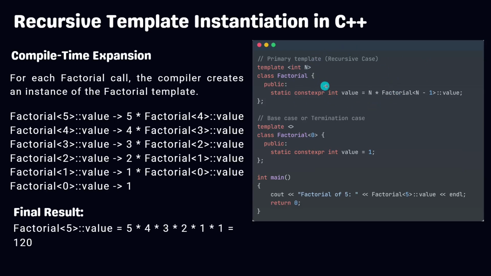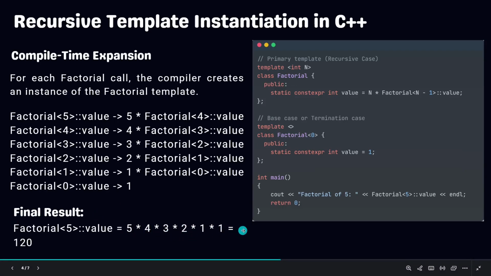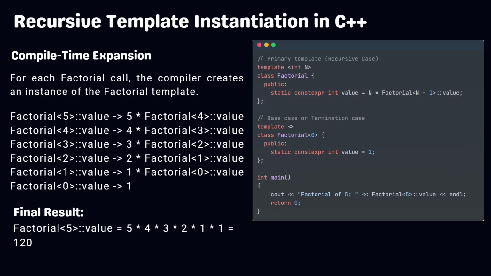Whenever it calls itself, the compiler creates an instance of that value: 4, then 3, then 2, then 1, then 0. When it comes to 0, it returns 1. So each time we pass a value, the compiler creates an instance of that template class. The final result will be the same, 5, 4, 3, 2, 1.